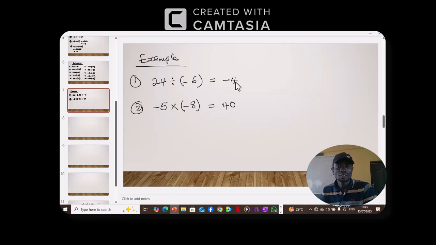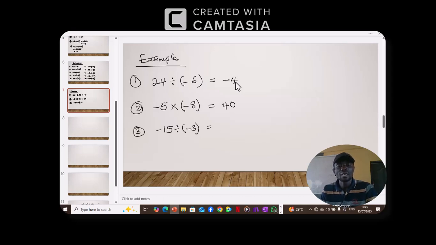Okay. Now, another example is minus 15 divided by minus 3.